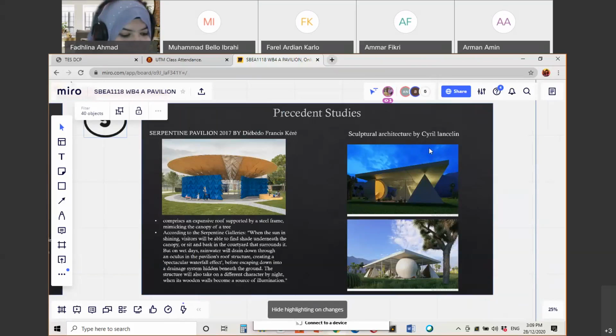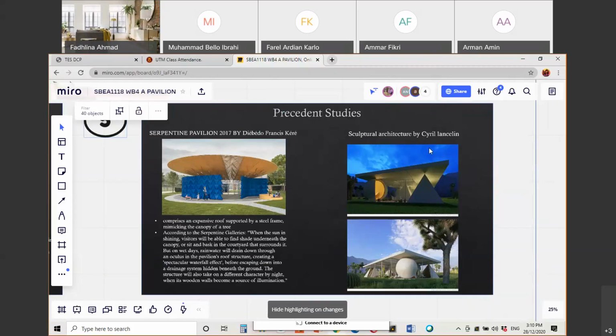Okay. Why did you use this pavilion? Which one? The first one, the Serpentine Pavilion. I thought Arman has already talked about it before this. No, I'm asking what's his reason for choosing this?